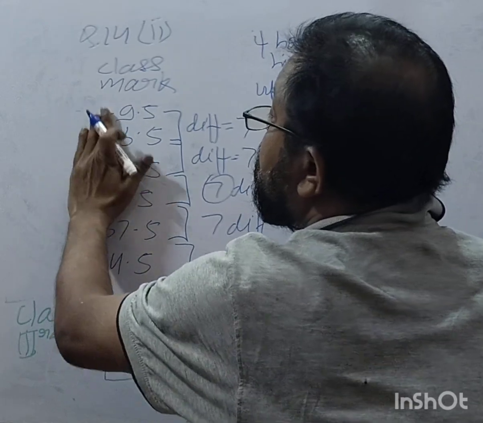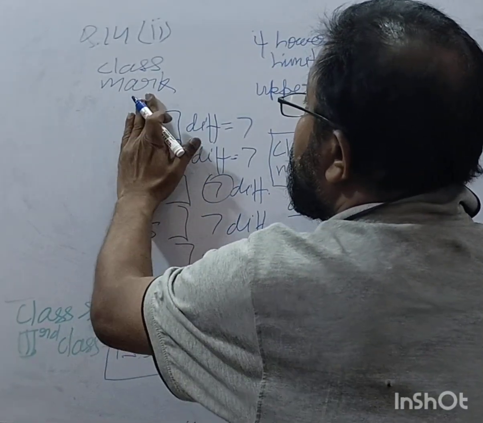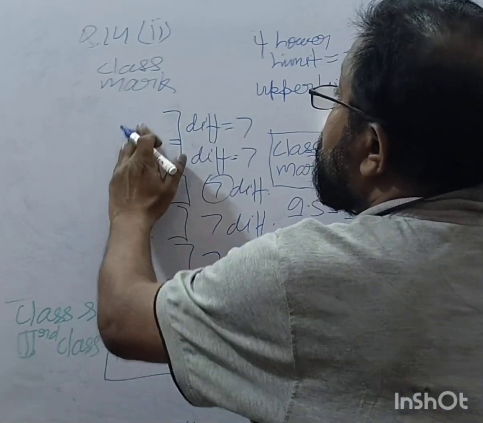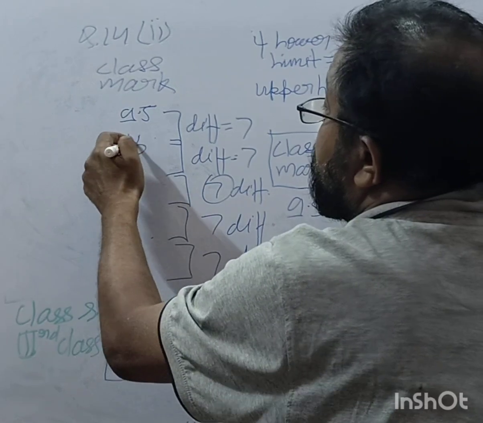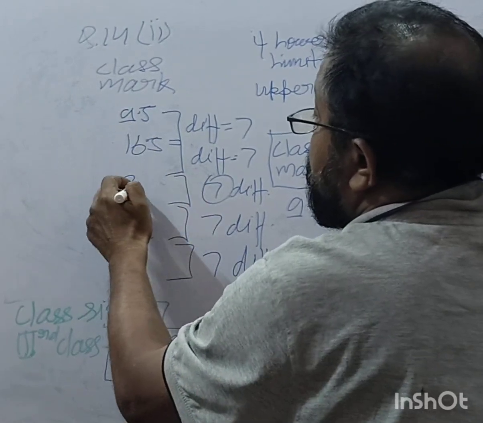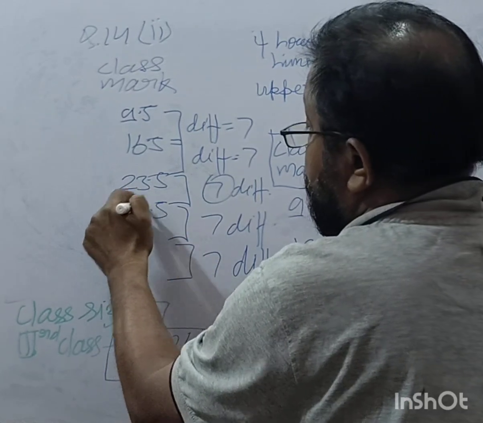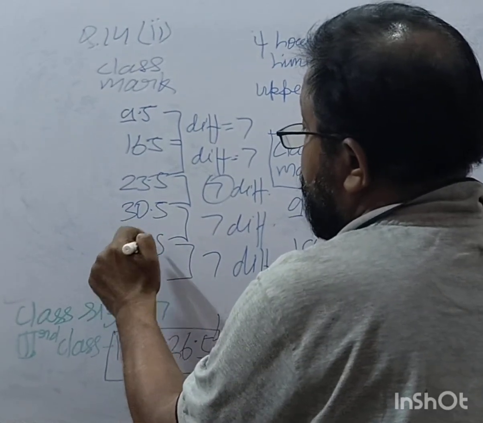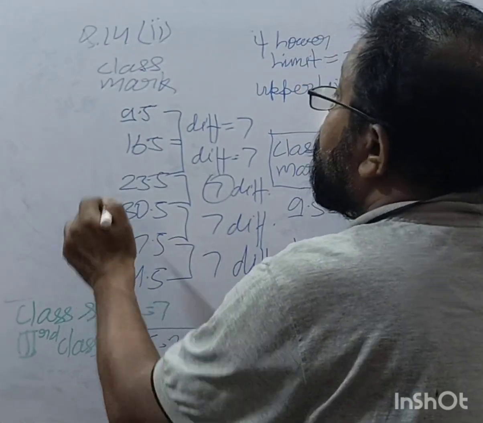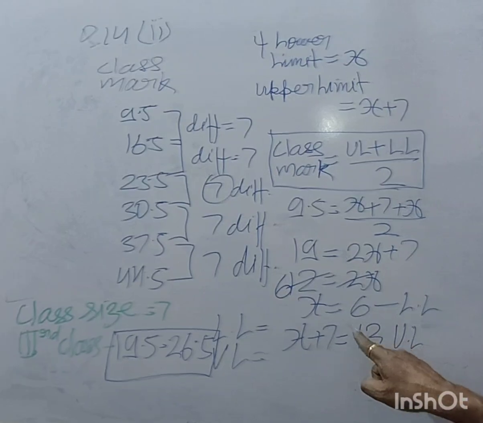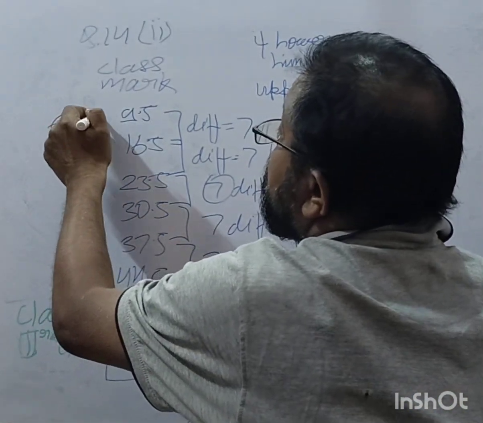Can you tell me this again? 9.5, 16.5, 23.5, 30.5, 37.5, 44.5. Now I said the first is 6 to 13.